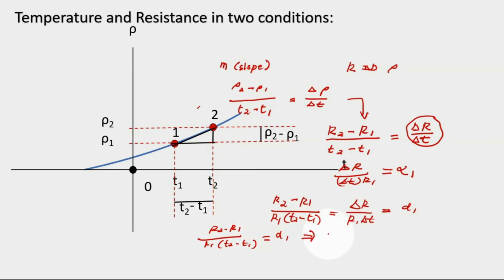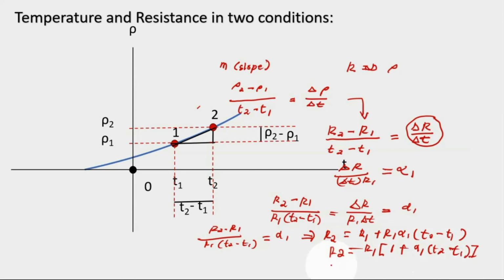R sub 2 is equal to R sub 1 plus R sub 1 alpha 1 times T sub 2 minus T sub 1. Therefore, R sub 2 equals R1, factoring out R1, times 1 plus alpha 1 times T sub 2 minus T sub 1.